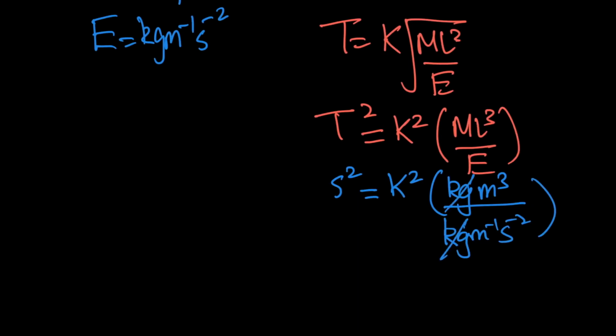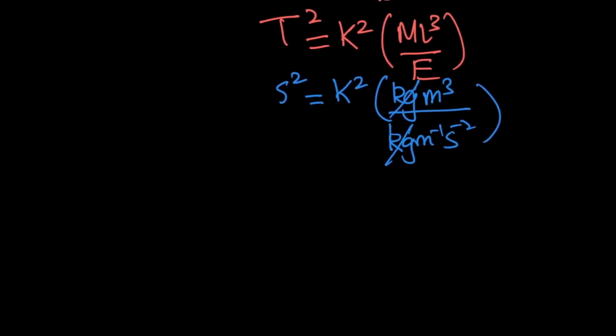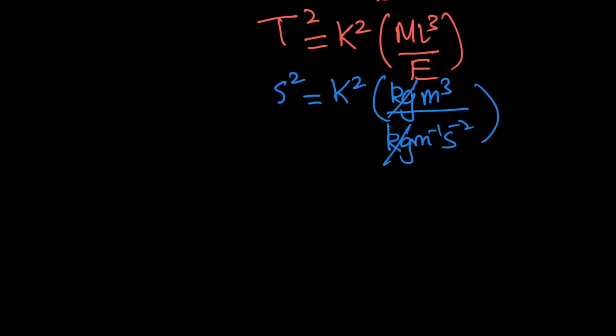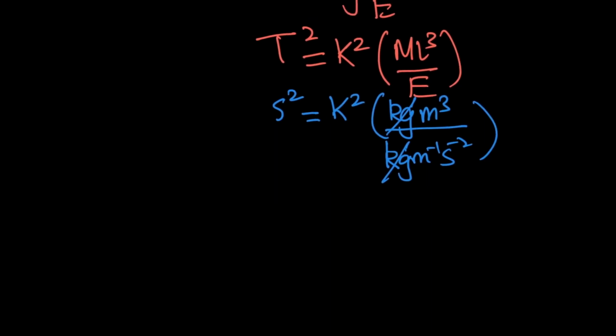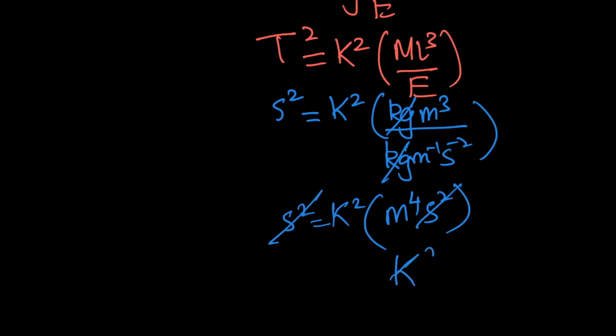So kg gets cancelled. थोड़ा सा बेसिक इंडिसेस भी है इसमें कि when you simplify it you will get s squared is equal to k squared bracket, m की पावर माइनस 1 ऊपर जाएगी, it will become m^4, s की पावर माइनस 2 ऊपर जाएगी, it will become s squared, and bracket shut. Now on both sides s squared and s squared will get cancelled, so you end up getting k squared is equal to 1 over m की पावर 4. m की पावर 4 आपको इस साइड पे नज़र आ रहा था.